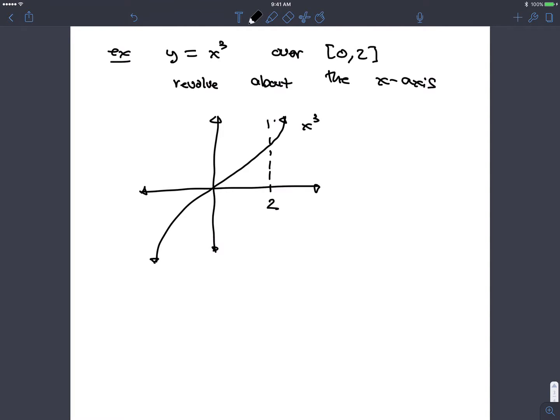We're going to revolve this about the x-axis again. And notice we're going to look at this little increment here. That's our ds. And we're going to revolve this about the x-axis. So you're going to get a curve. Here's your rubber band again.